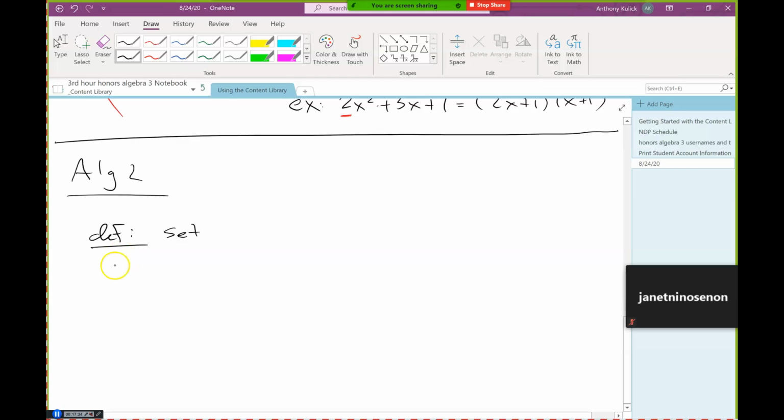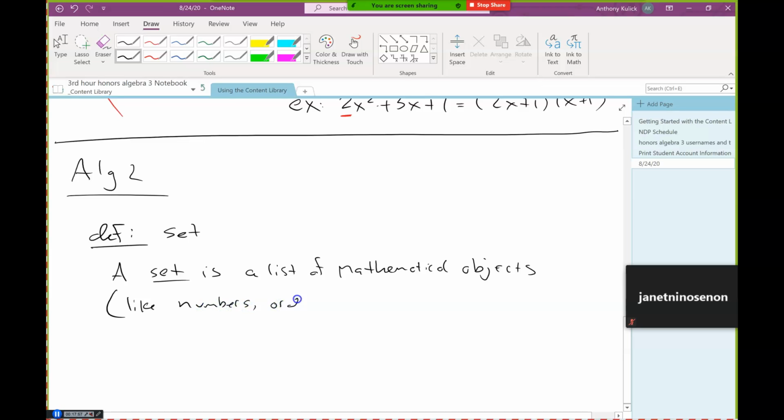So a set is a list of mathematical objects. Those objects could be numbers, ordered pairs.